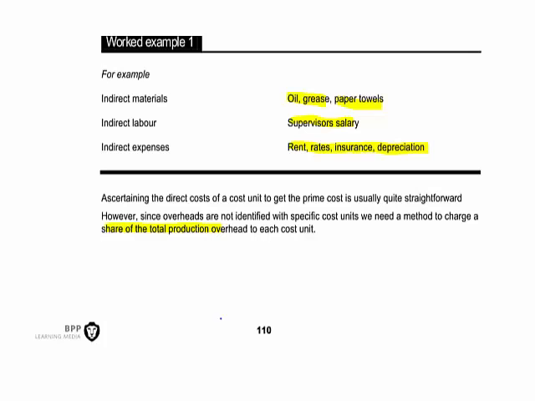Now, if we had, say, overheads of £1 million and we were producing 500,000 units, then it would be quite straightforward to say that the overhead per unit should be £2 per unit.